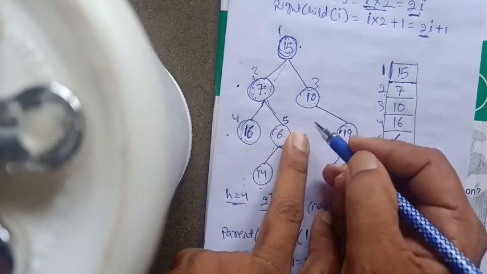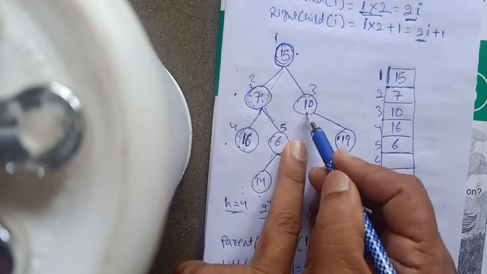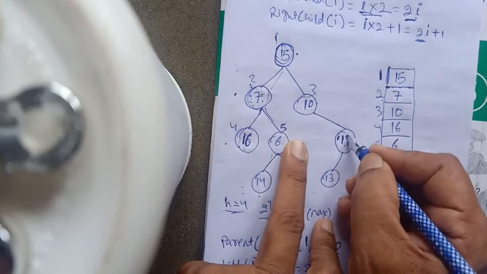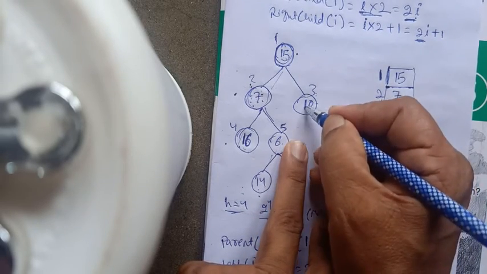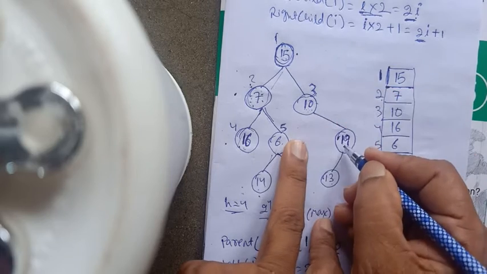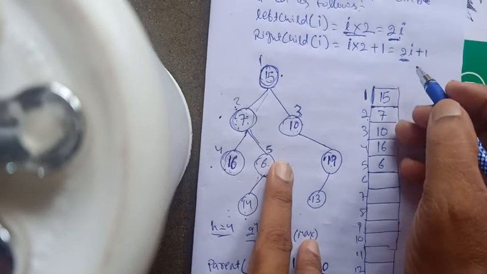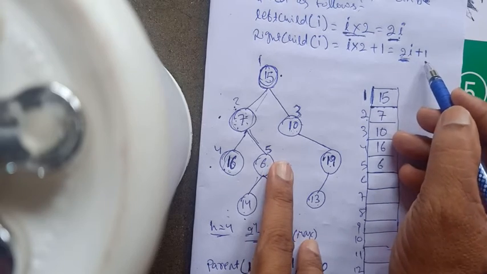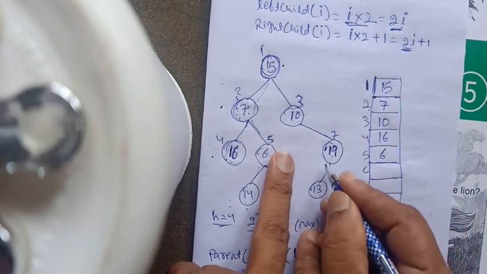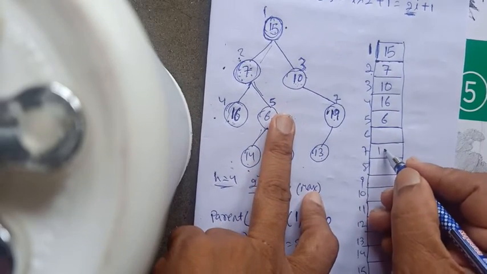But what is its right child? 19. So what should be the index of 19? Index of 10 is 3, and the formula for the right child is 2i plus 1, so 2 into 3 plus 1. It should be 7. So 19 should be stored in index 7.